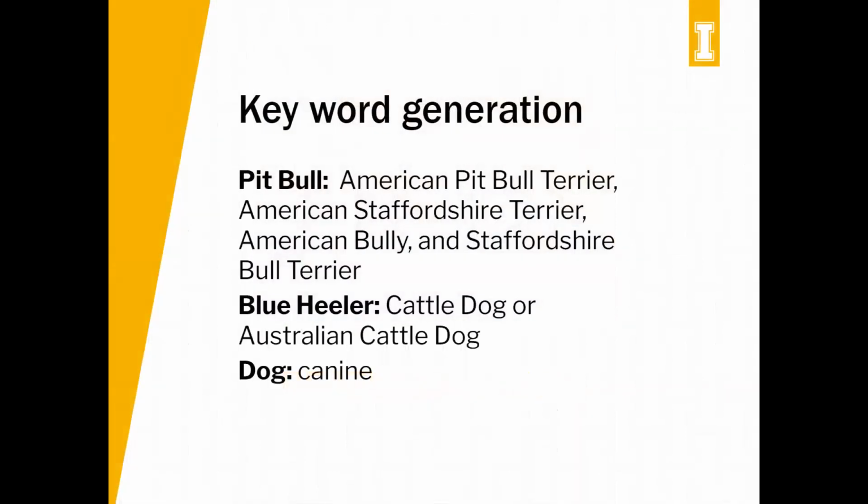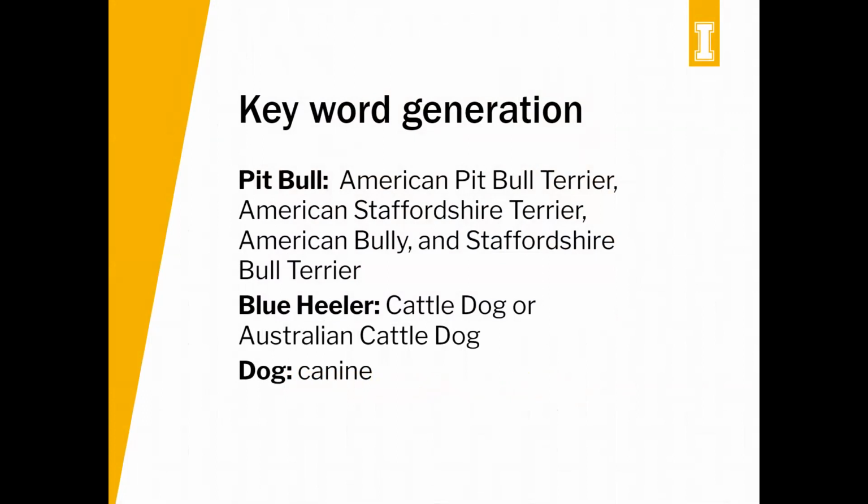All right. So I'm going to go over keyword generation. You've probably done this before, but just as a reminder, when articles and books go into a database or library catalog, there's a lot of words people use that you might not think of immediately to describe that article or book.